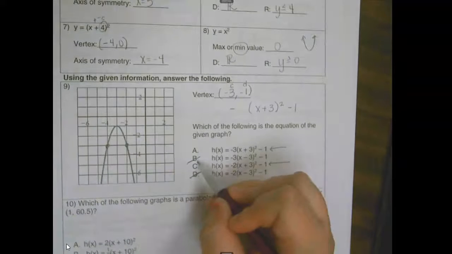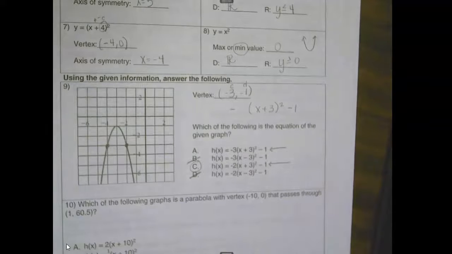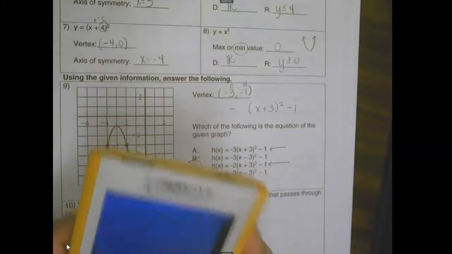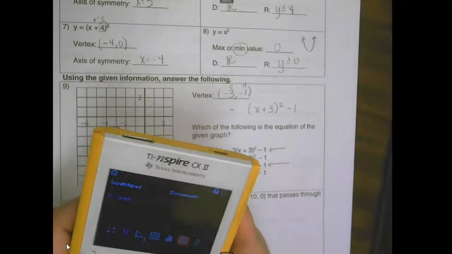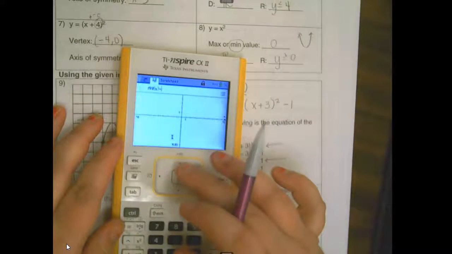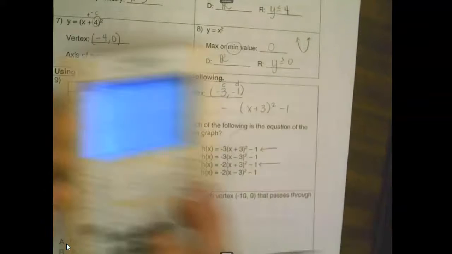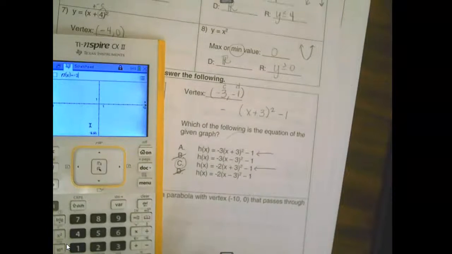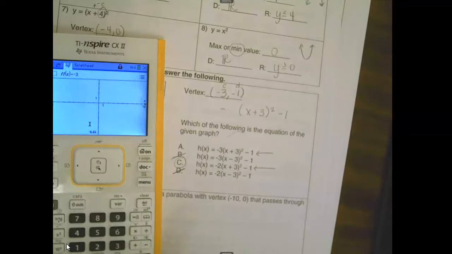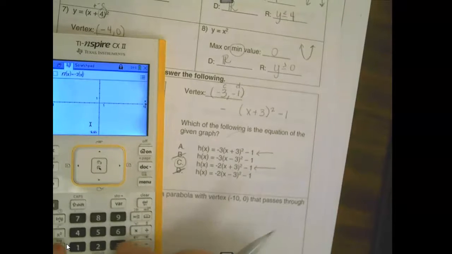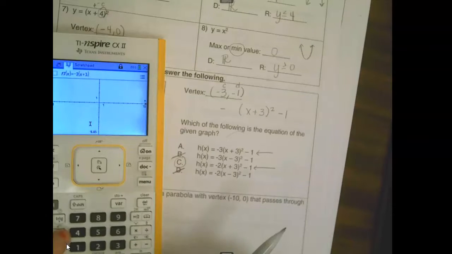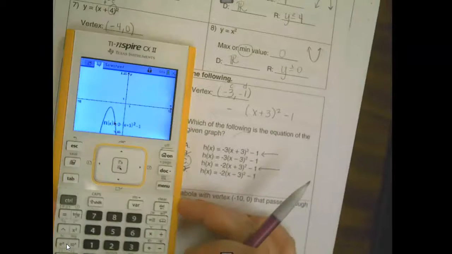And in this case, it is C. To get to that table, when I'm in the graph, I can graph it real quick and we can look at it. So we can graph C and look, it's going to be negative 2 times x plus 3 squared minus 1. Push enter to graph.